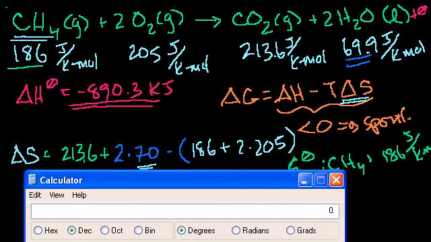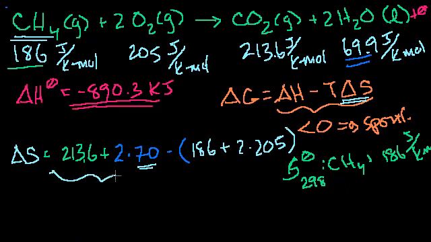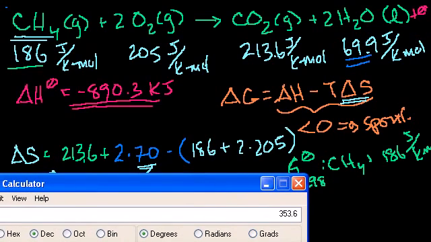So I have 213.6 plus 2 times 70, which is 140, and that is equal to 353.6. And then from that, I'm going to subtract out 186 plus 2 times 205, which is equal to 596.